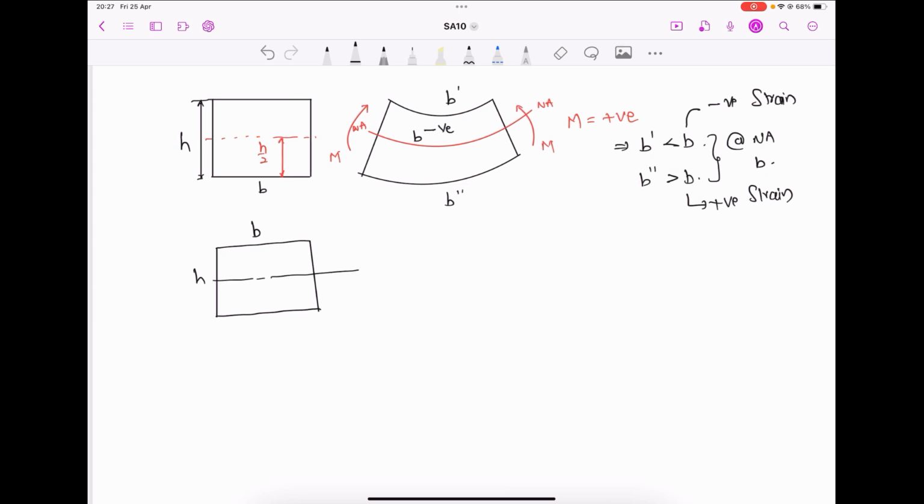This is the neutral axis. And above the neutral axis, because of the negative strain, because fibers are compacted, here what is happening?